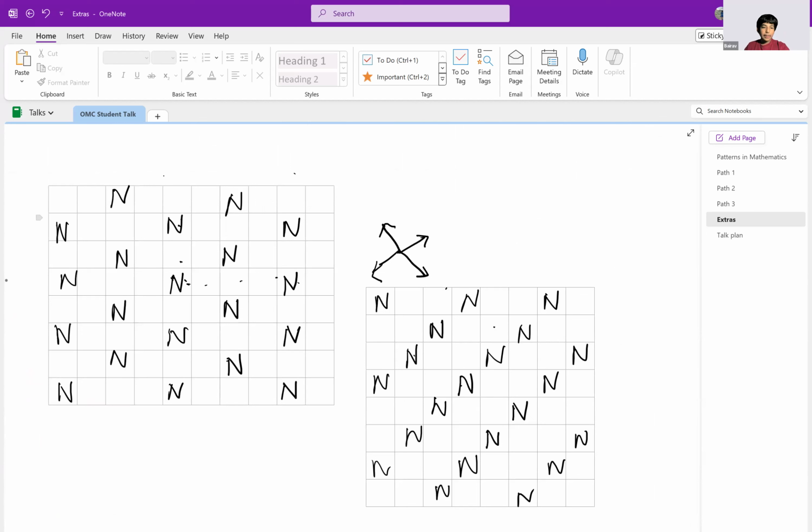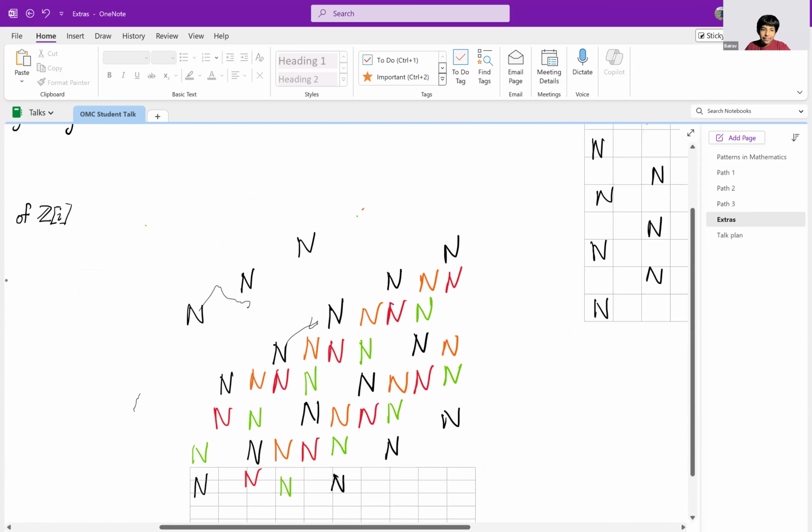But here there's only a gap of 2. Here it's symmetrical across horizontal and vertical. Diagonally, this one takes 3 and this one takes just 1. Whereas this one is very, very symmetric.